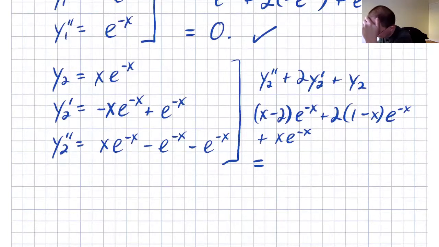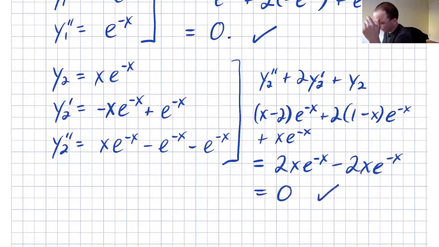So maybe I'll just write that out here. 2x e to the negative x. And then we have another negative 2x e to the negative x over here. And those cancel and give us 0. So y2 is also a solution of this differential equation.